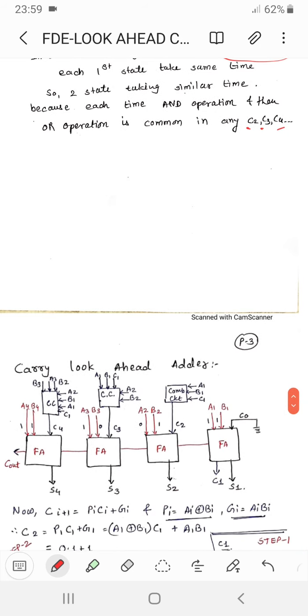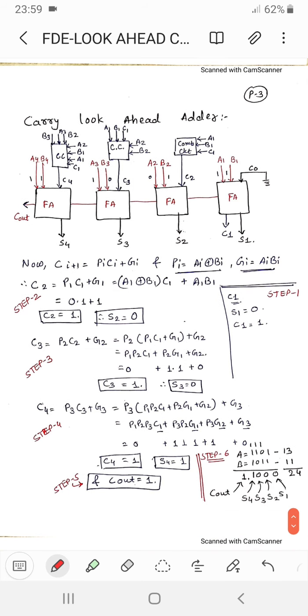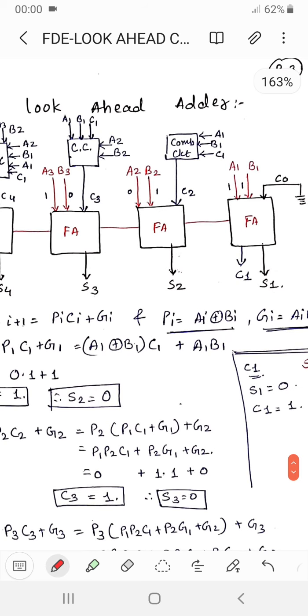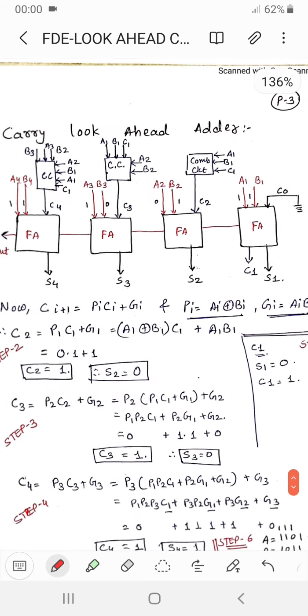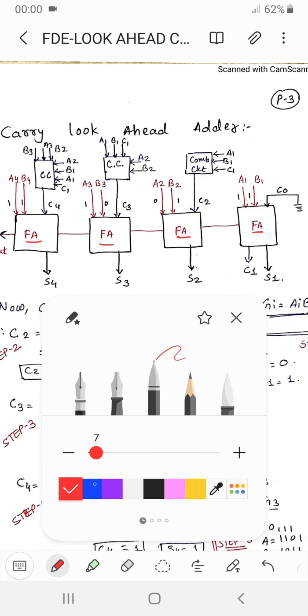So let me check this concept with an example, and before that we will see the carry look ahead adder circuit. This is for the 4-bit operation, so 4 full adders are required in this particular case.